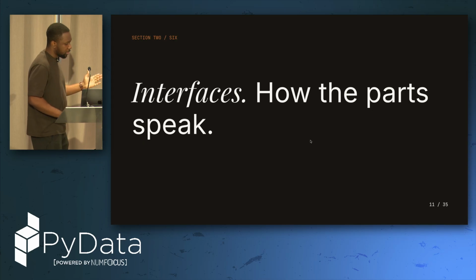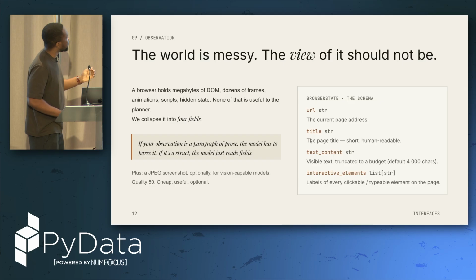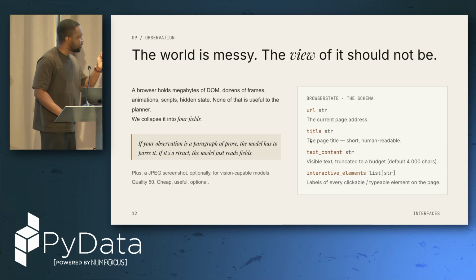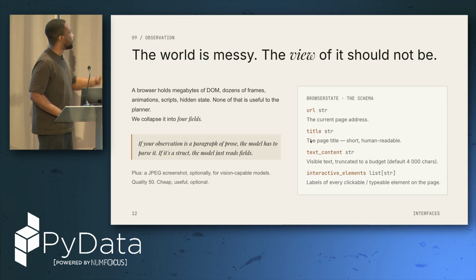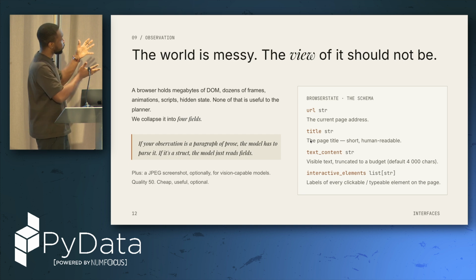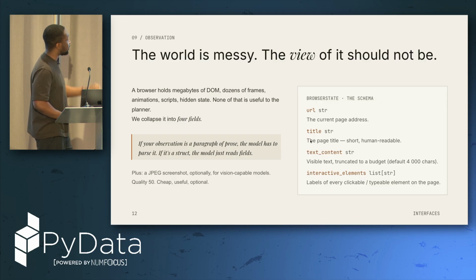So how do these parts speak? I'm sure a lot of us were at the keynote. It's Pydantic, basically. We would use a state, a Python object, in order to parse whatever the contents of the web page are before we pass it to, say, the planner.